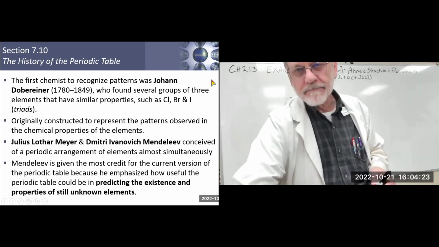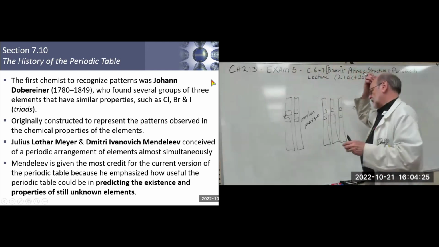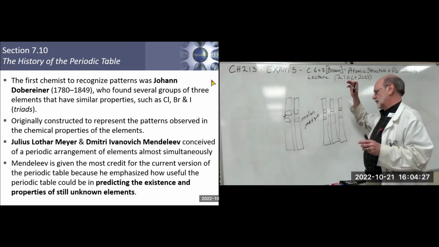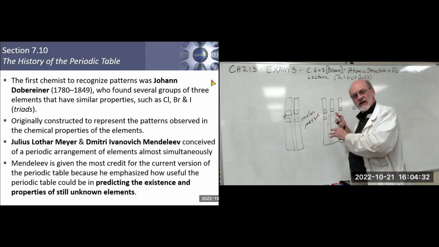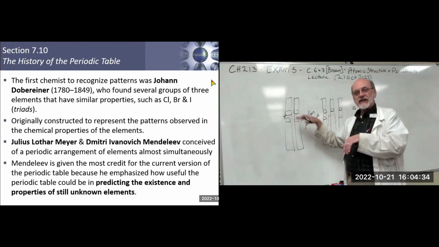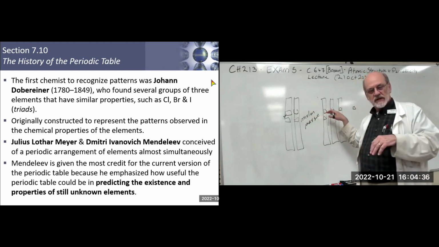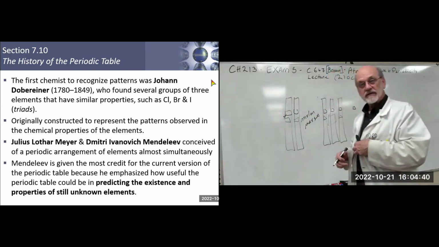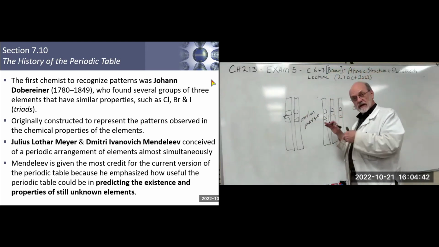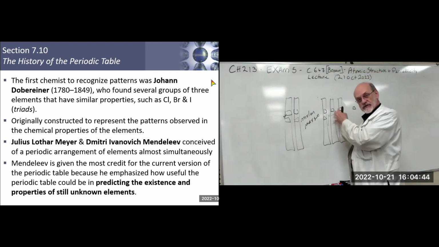Once Mendeleev had this information at his disposal, then he could accurately position the elements based upon their mass, and in that order, and with his knowledge of their similarities, he was able to put them in the correct place.